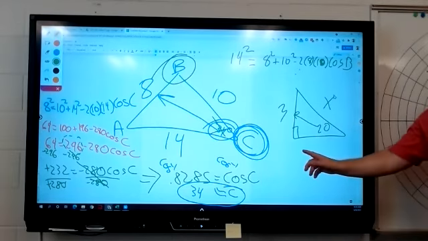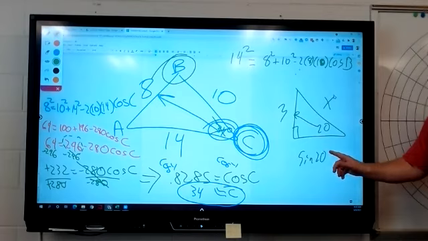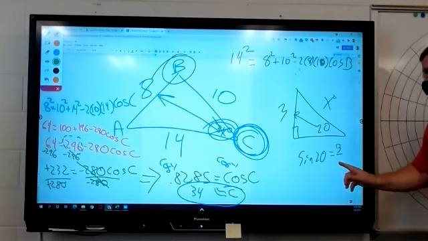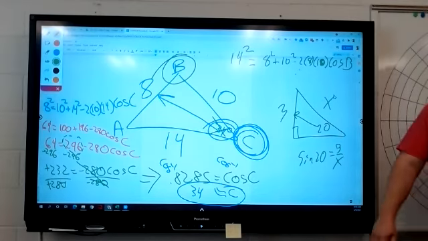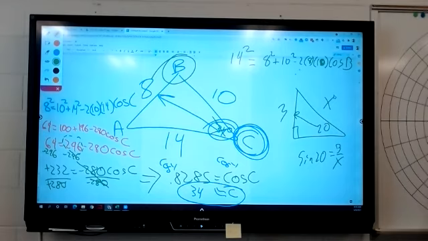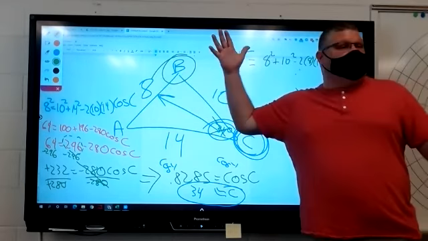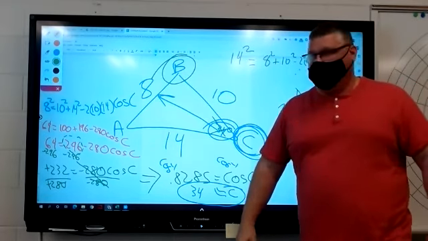There you go. Could you simply say sine of 20 equals 3 over x? How come? There's a right angle, correct? So I can use straight up sine, cosine, tangent, secant, cosecant, cotangent. I can't do it here because there's no right angle.